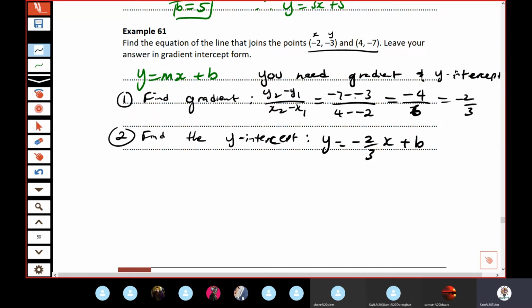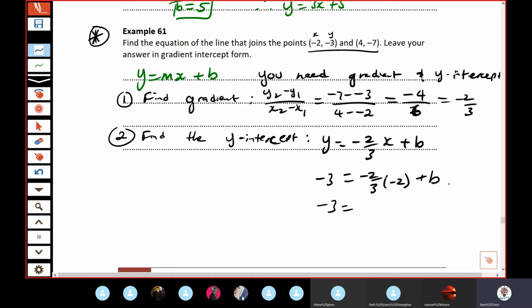And that's the method to solve this question. I could say this would be one of the hardest questions you'll get in your exam, just because it requires 2 different steps. So x is negative 2. Y is negative 3. And then plus b. And then we've got to solve for b.